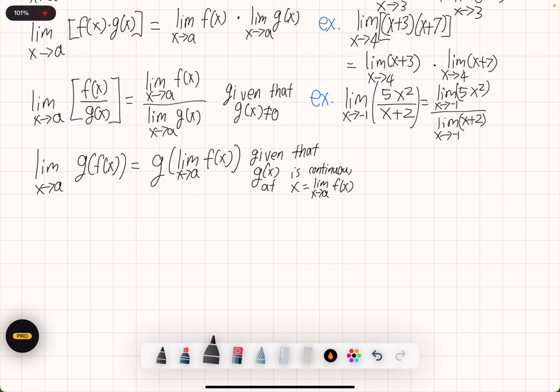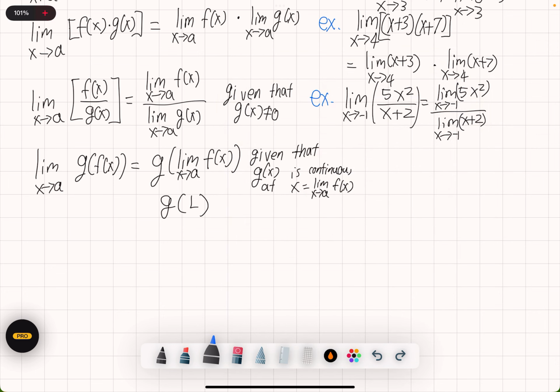So what this means is that this thing is true given that the value of g of x, when x is this number inside, exists. So if this number here is L, then this would be g of L. So this equation is only true if g of L actually exists, right?